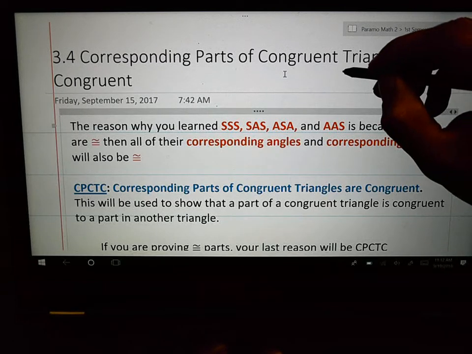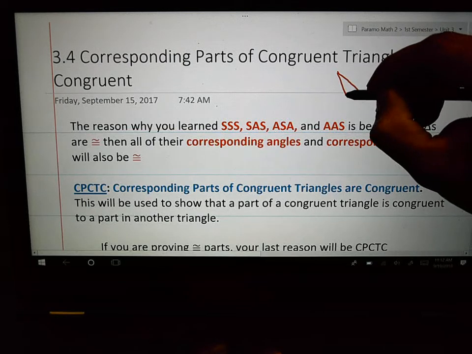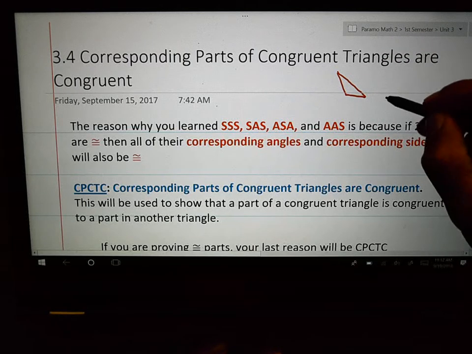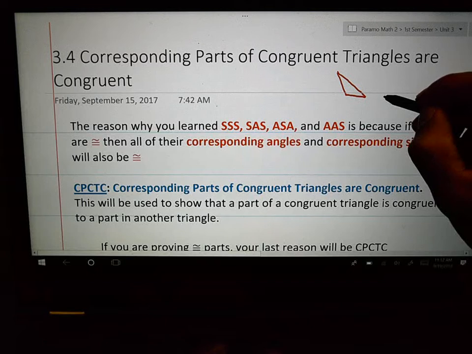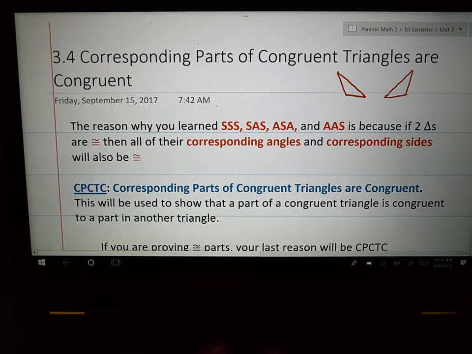If I have a triangle that looks like this and this, and you have another triangle that looks like this and this, in 3.2 we learned that I have to have a minimum amount of information.